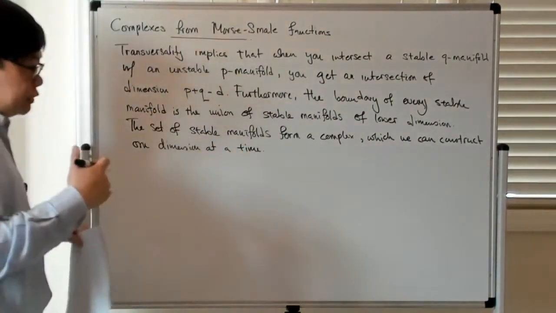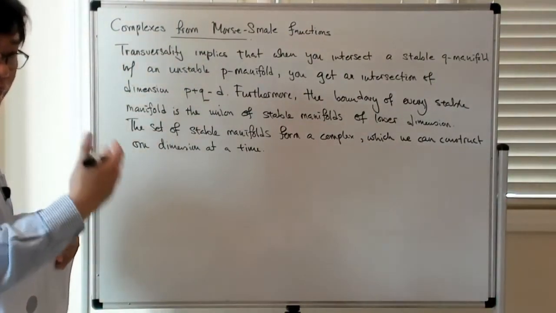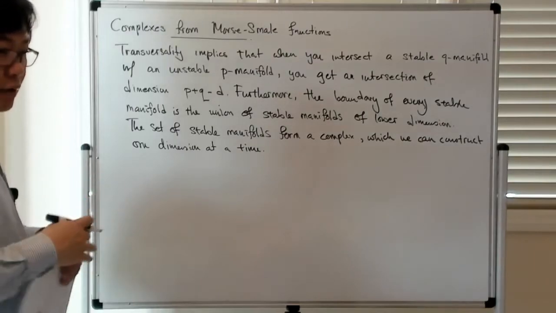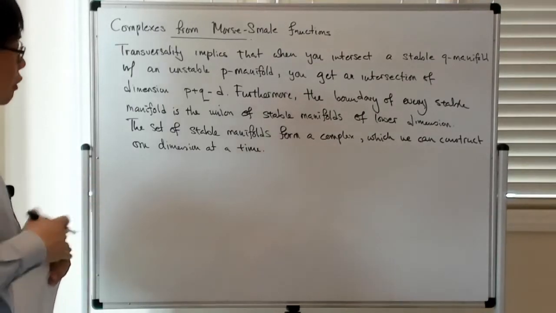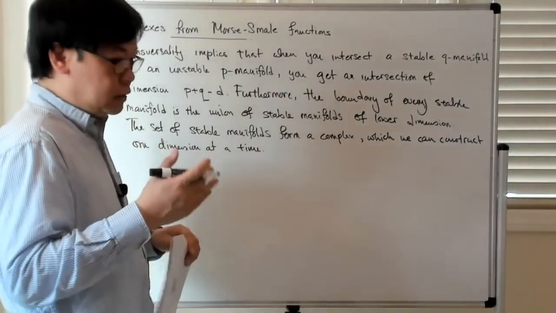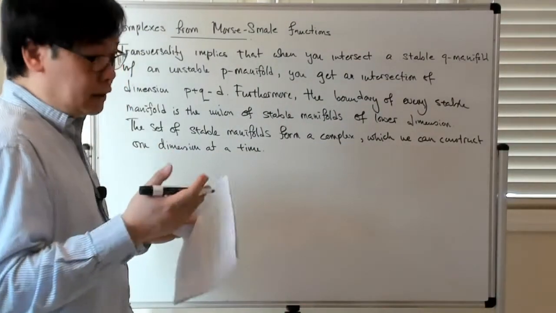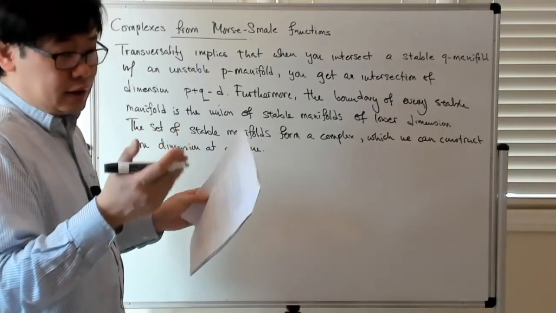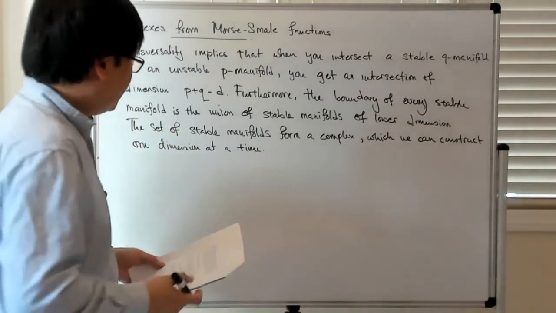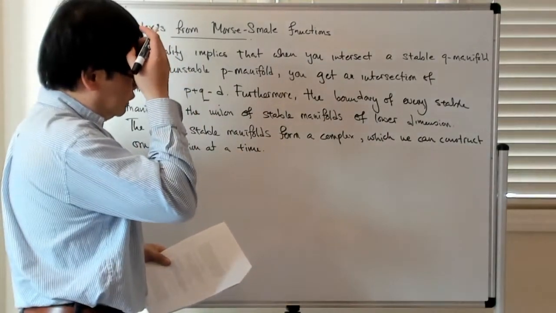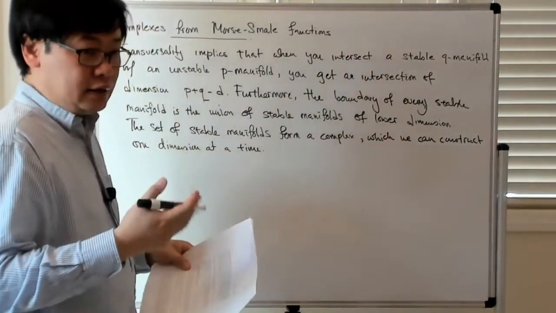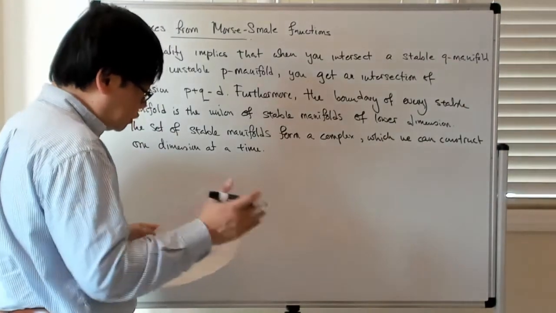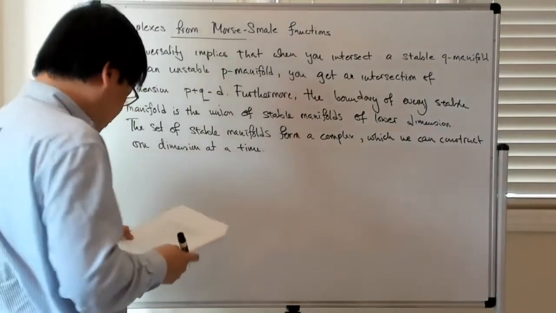The way we're going to do this is by building up the skeletons of the complex. The skeleton of a complex is just the set of all simplices or cells of dimension, say, k or less. You can easily convince yourself that the skeletons are themselves subcomplexes of the original complex, so we're going to do the reverse and build it skeleton by skeleton.